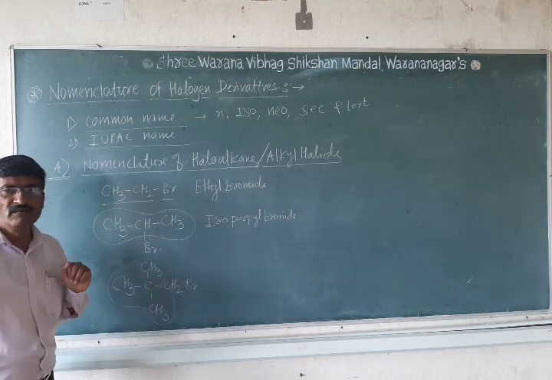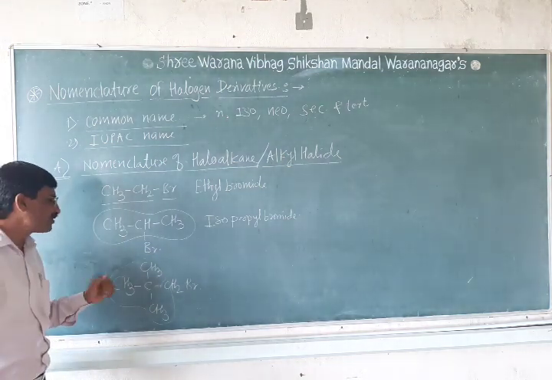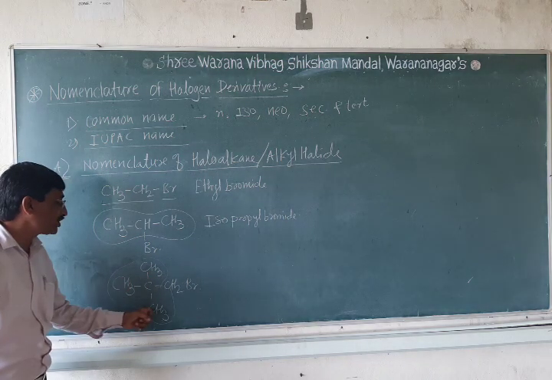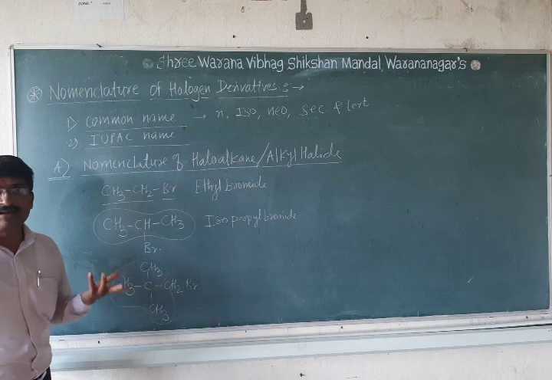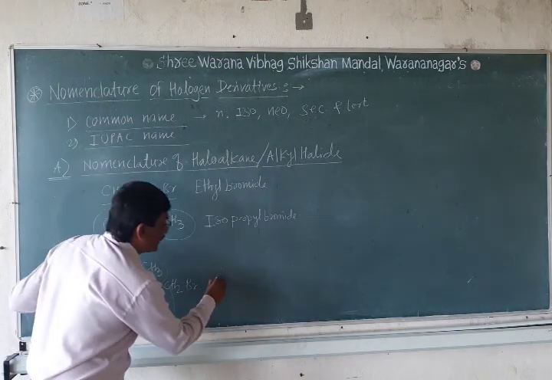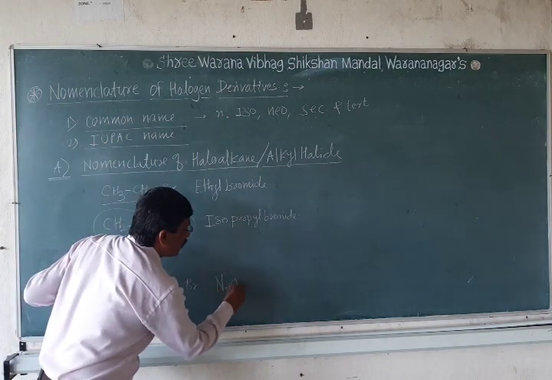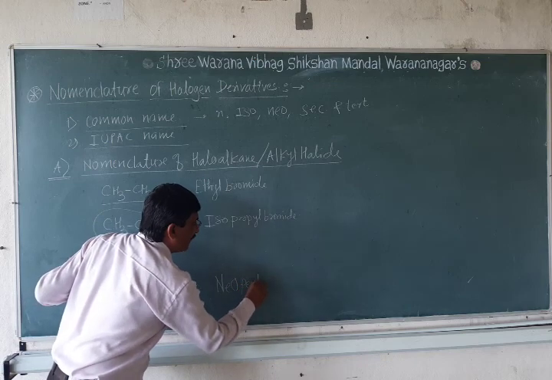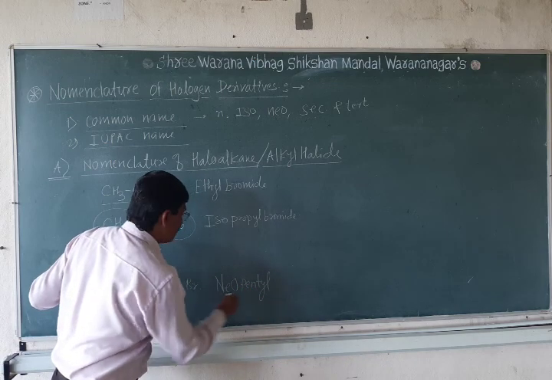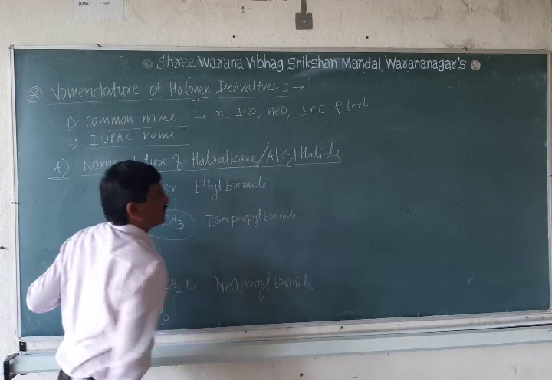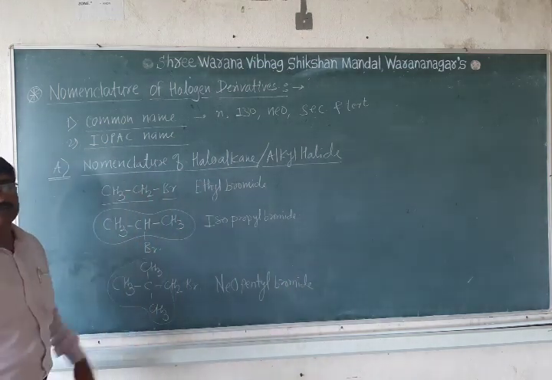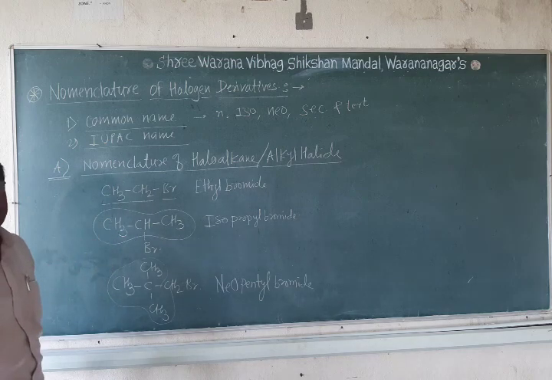How many carbons? 1, 2, 3, 4 and 5. Therefore, the nomenclature is neopentyl bromide.